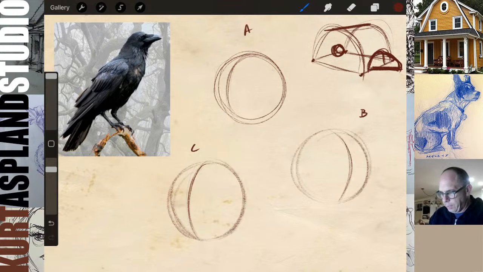So let's come into these 3 here and kind of work this out a little bit so we can practice just a little bit.